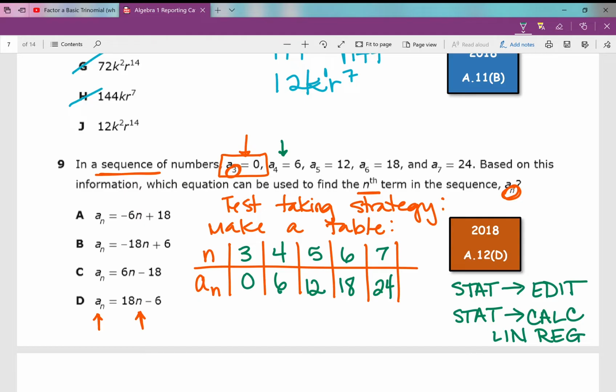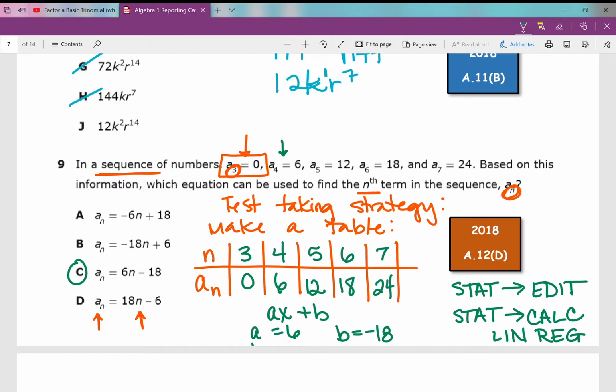And then it'll say in the form of ax plus b, and a equals 6, and b equals negative 18, and so your answer would be C.